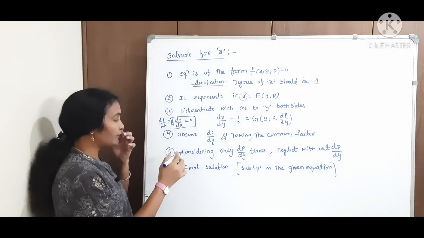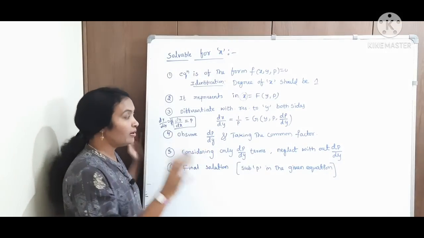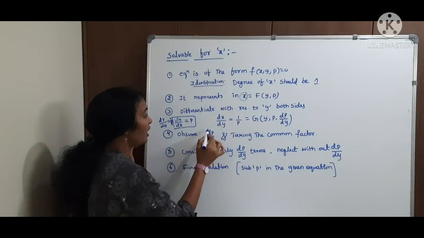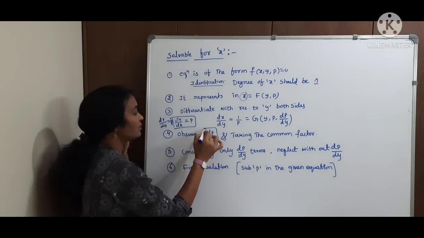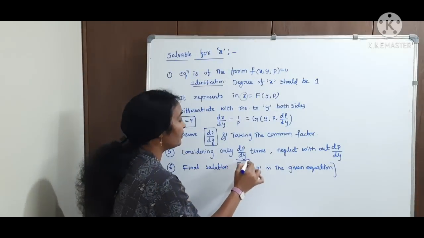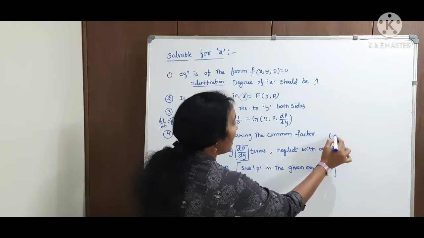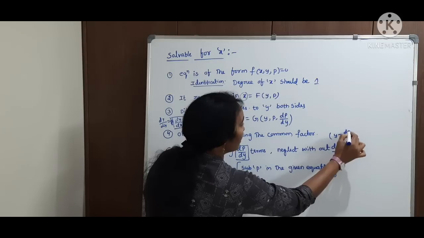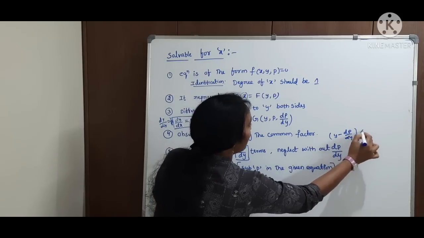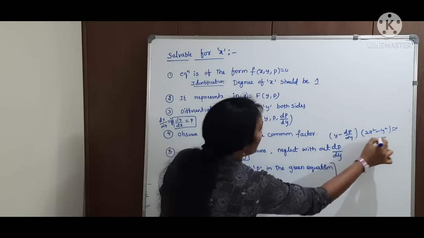Then just observe the dp by dy terms only, taking the common factor. You need to consider only the dp by dy terms, no need to consider the other terms. For example, I have an equation like this: y minus dp by dy times 2x square minus y square equal to 0. These are the factors.